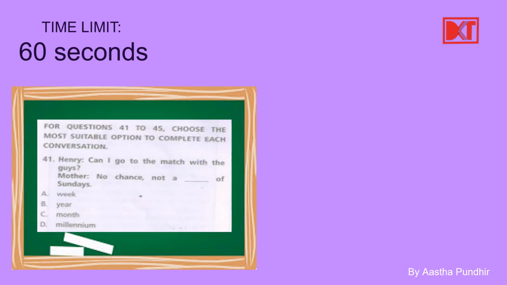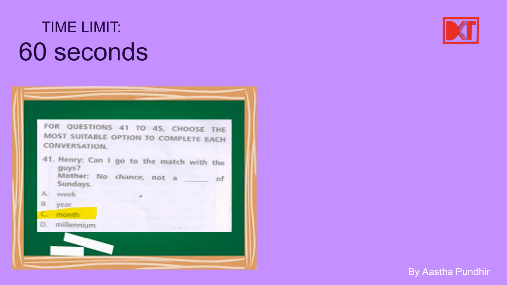Okay, for questions 41 to 45, choose the most suitable option to complete each conversation. Henry says, "Can I go to the match with the guys?" No chance, not a dash of Sundays. Not a week of Sundays, not a year of Sundays, not a month of Sundays, and not a millennium of Sundays. Okay, so this is sort of a proverb, not a month of Sundays.